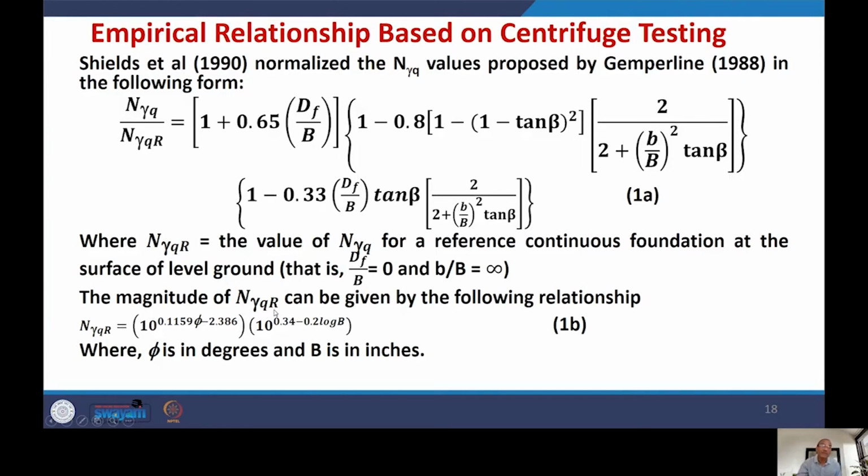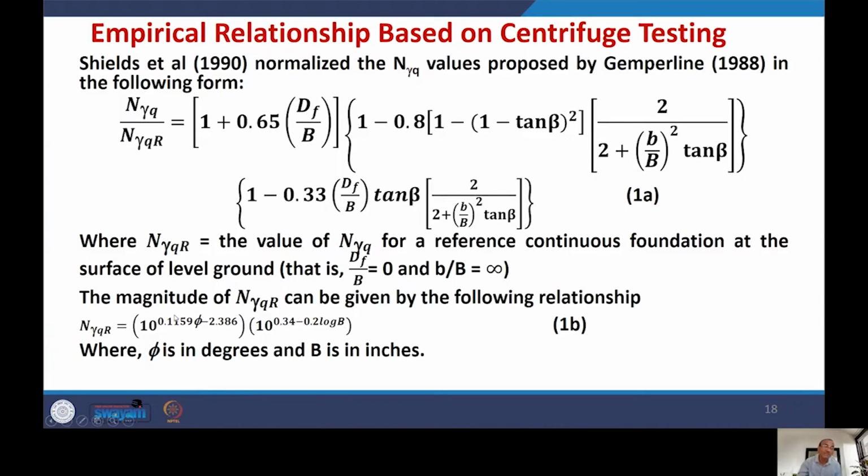The magnitude of N_γq(R) can be given by the following relationship. It can be found as 10 to the power of 0.1159φ minus 2, and then the same thing is here, 10 to the power of minus 0.34 minus 0.2 log.